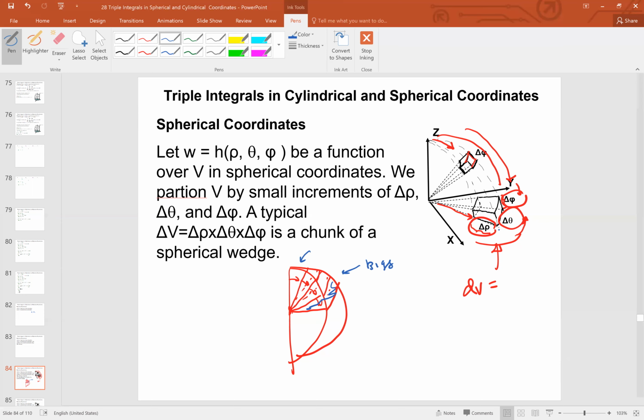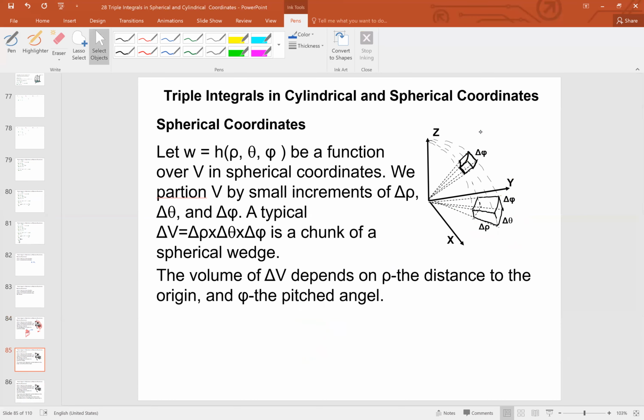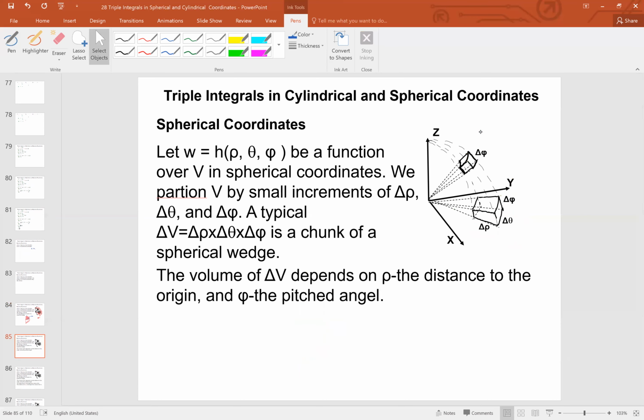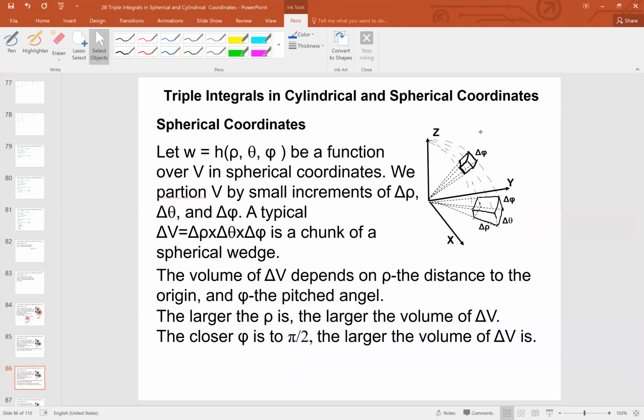So in other words, this dV of these little chunks depends very much on the pitch angle. The big chunks come when the pitch angle is close to pi over 2 down below. The small chunks you only get when the pitch angle is close to 0.